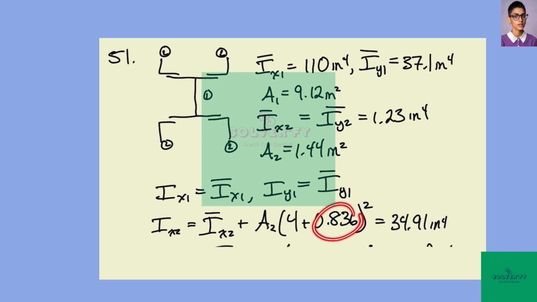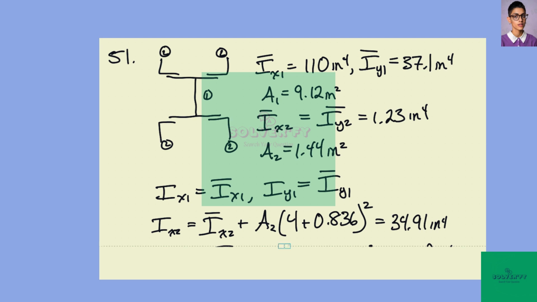And then we get plus 0.836 inches, because that's how far from the bottom of this flange this angle is to its centroid. So the total distance from here up to here is this value. And so we get that the area moment of this thing about this axis is 34.91 inches to the fourth.